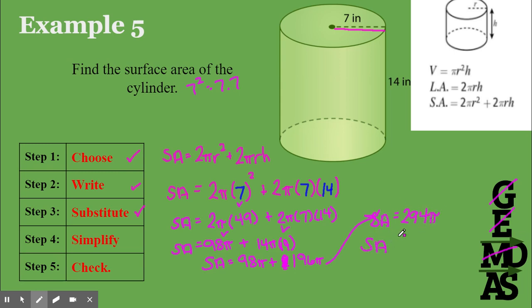And if we want an approximate answer, we would do 294 times pi, which is 923.16 inches squared. So the answer is a pretty big number, seems to make sense. So that is finished.